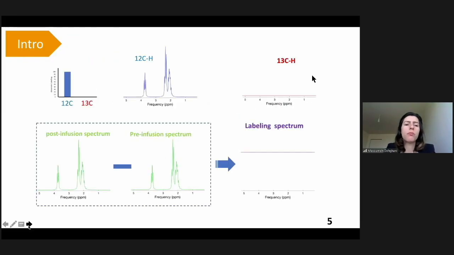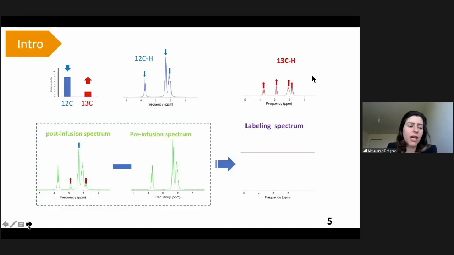At the beginning of infusion we don't have C13 in the metabolite, so if we subtract the post-infusion spectra from the pre-infusion spectra, the labeling spectra will be a flat line. But when we start infusion, C12 nuclei will be replaced by C13, which results in a reduction in the signal from protons coupled to carbon-12 and an increase in the signal from protons coupled to carbon-13.